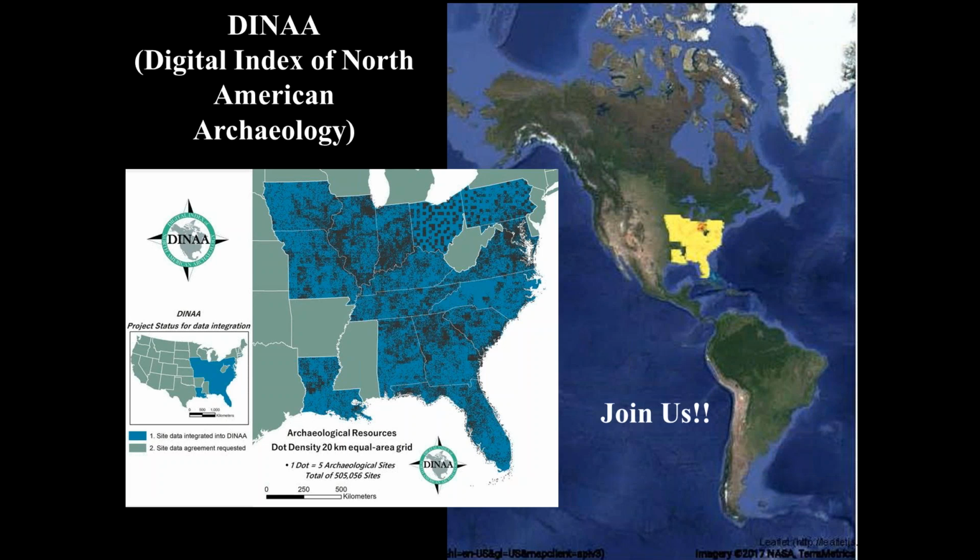Now, in the central Mississippi Valley, there are tremendous numbers of sites. That was a great place to live in the past. But one of the things we're learning from this is the extent of survey coverage in different areas, different parts of the landscape. So having this information at this scale lets us know where places have been looked at in certain environmental zones and where they haven't. Over.